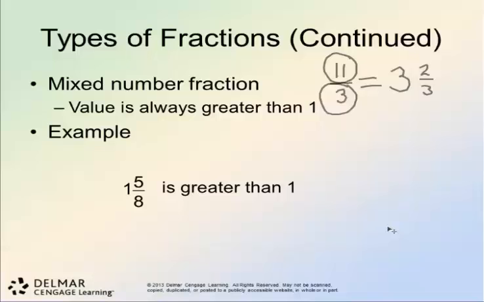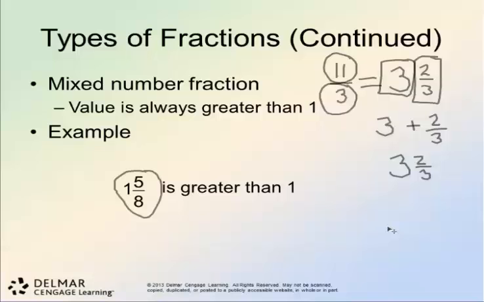A mixed number will be made up of a whole number and a proper fraction. So it's basically saying 3 plus 2/3. It's a whole number plus a proper fraction. So we just write it as 3 2/3 for short. So 1 5/8 is a mixed number.